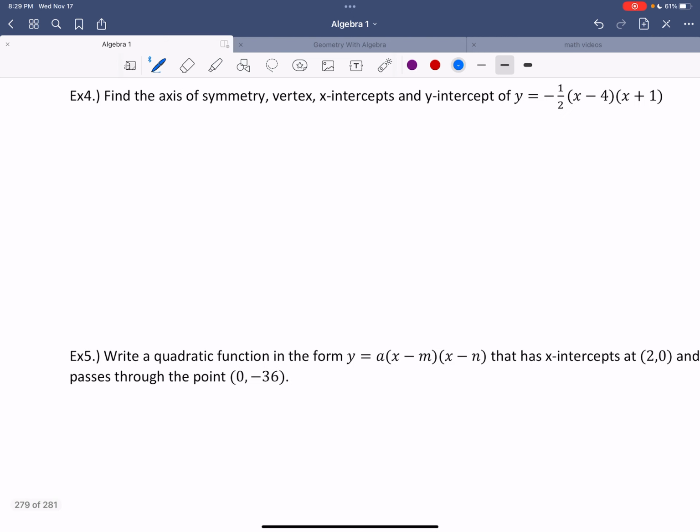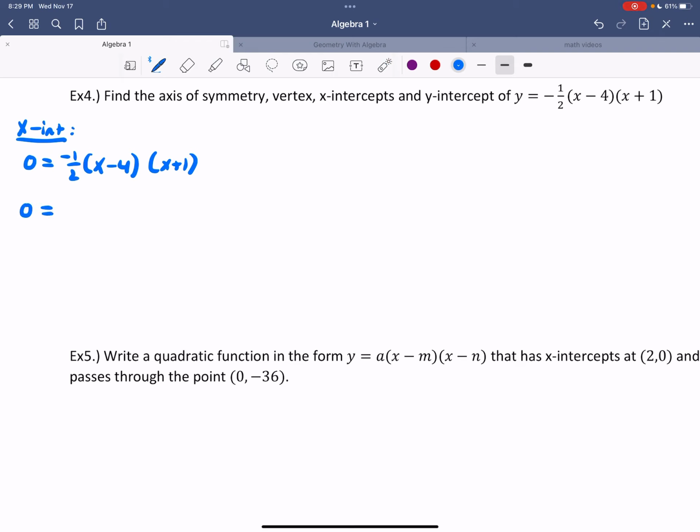Okay, so first thing I'm going to do is find the x-intercepts. So I've got the function that I'm going to set equal to 0. And then I am going to multiply both sides by negative 2 to get rid of my 1/2.